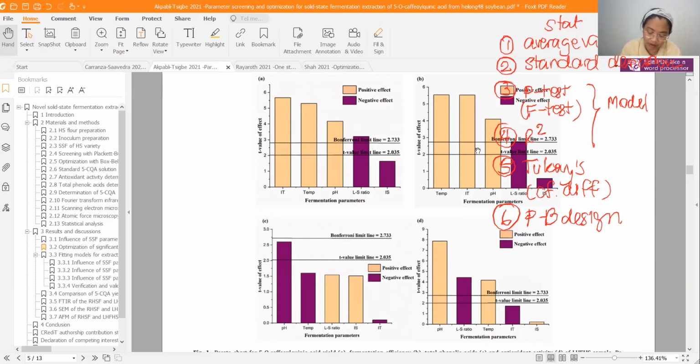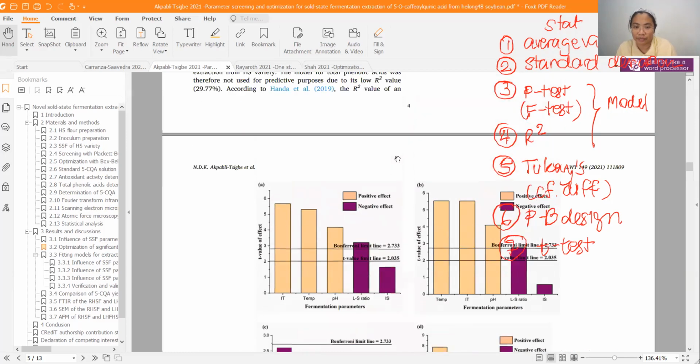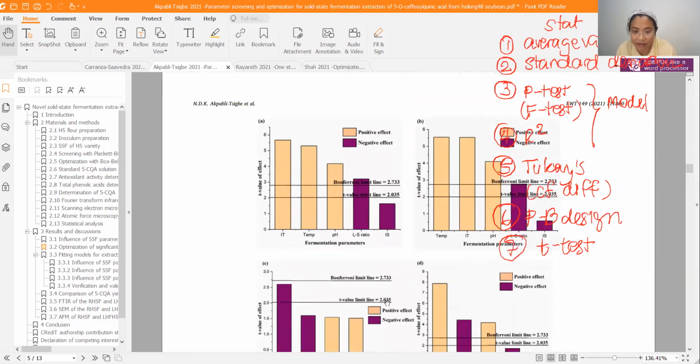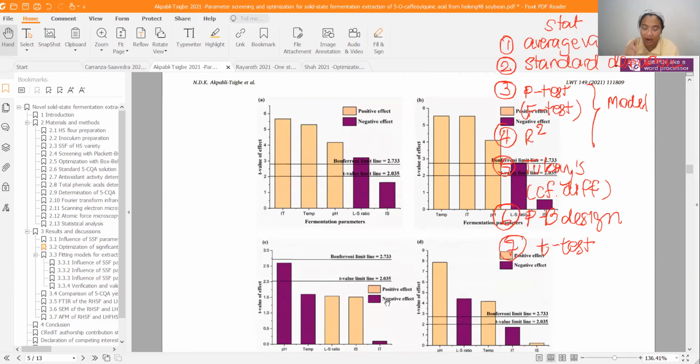So you know that you have to have a t-test, because you have to calculate t values. Now you have the t value limited line, and it is at 2.035 because they are doing just one alpha, and they have another line called the Bonferroni limited line.